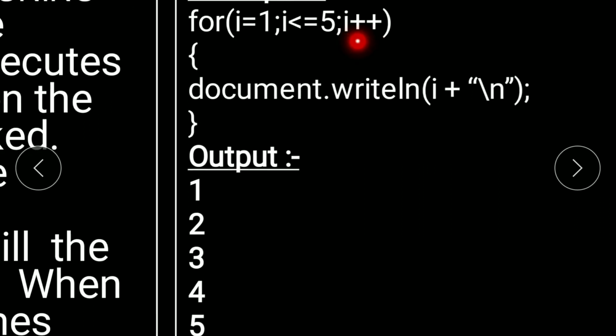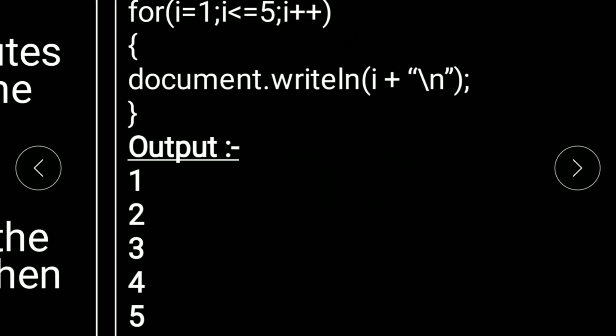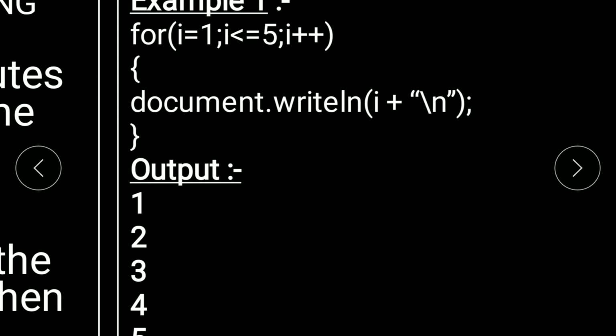Then control goes to the iteration, that is the incrementation, that is i plus plus, means the value of i will be increased by 1. So here value of i is 2. Afterwards comparison is done. Afterwards if it is true, it prints the 2 value.